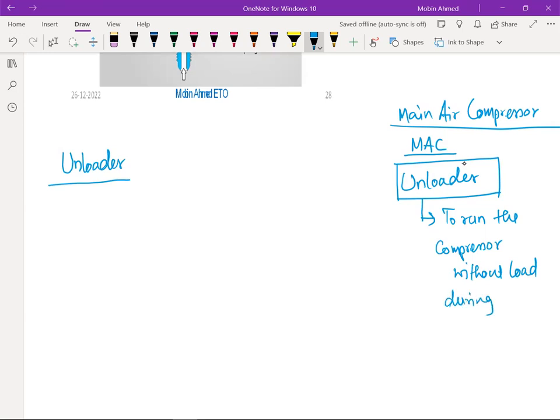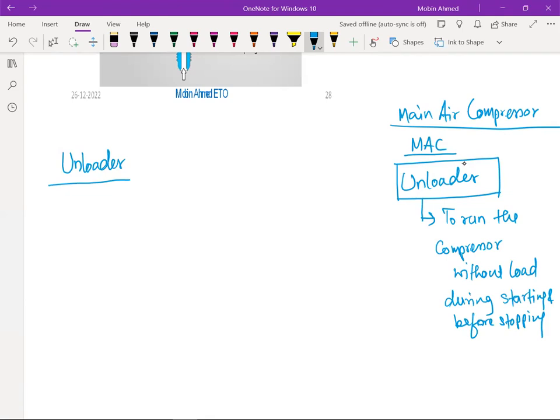During starting and before stopping, that is the purpose of this unloader. Even in between, intermittently also, it goes without load.